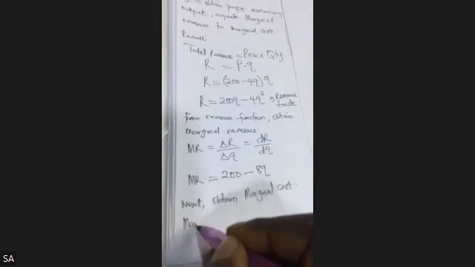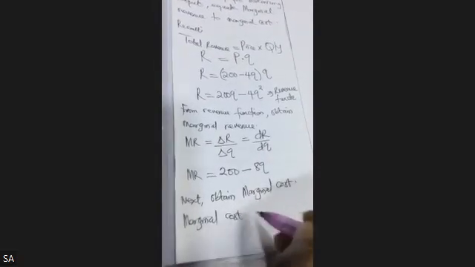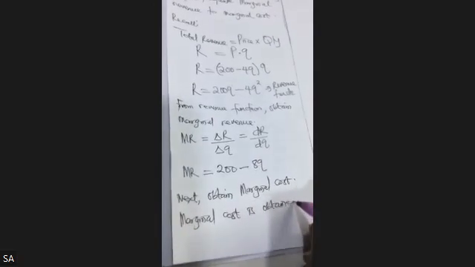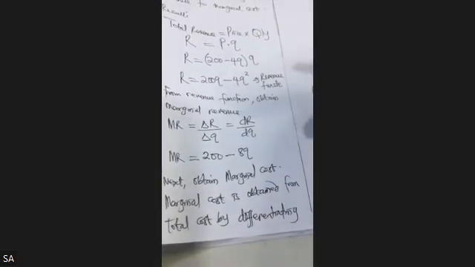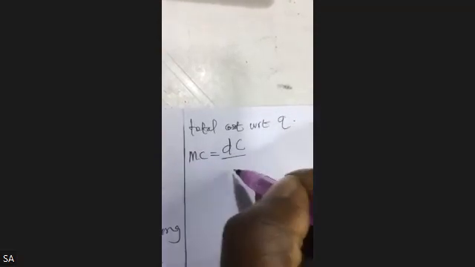Marginal cost is obtained from total cost by differentiating total cost with respect to Q.